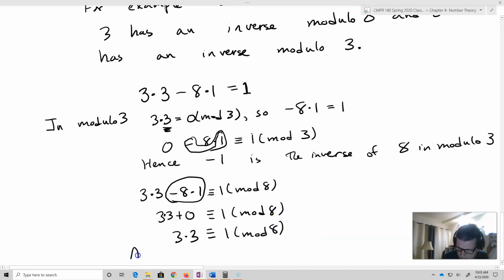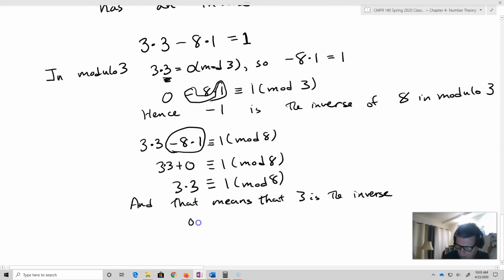And that means that 3 is the inverse of 3 in modulo 8. And so that's how we're going to use our linear combinations in order to determine the inverses for particular numbers.